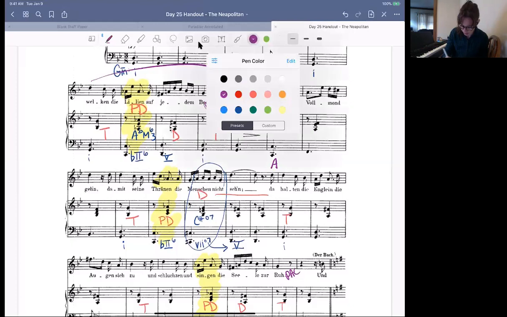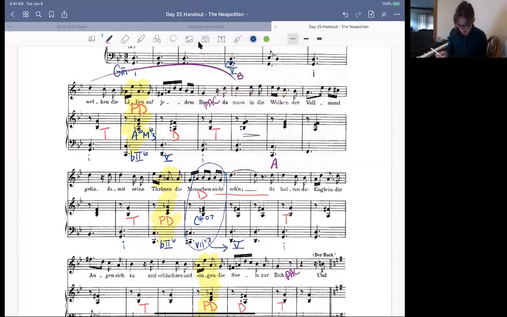What I would like from you is a harmonic analysis of this entire B section. We already did some of it, so I would like Roman numerals for the rest of the B section, so everything within the brackets.